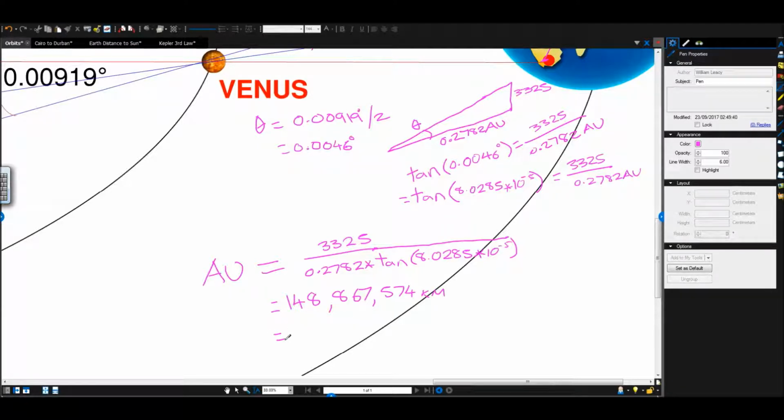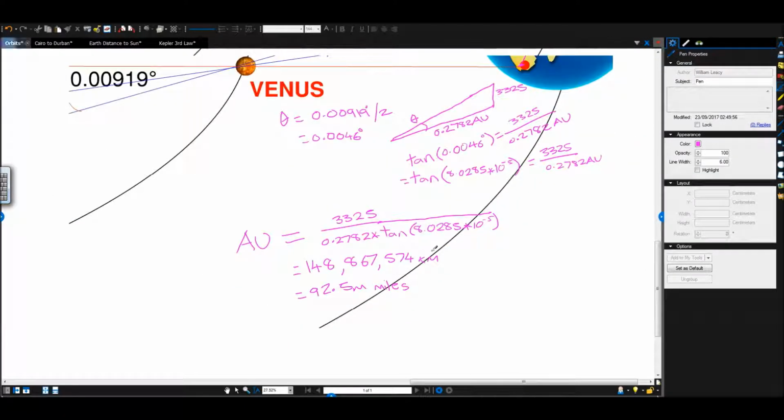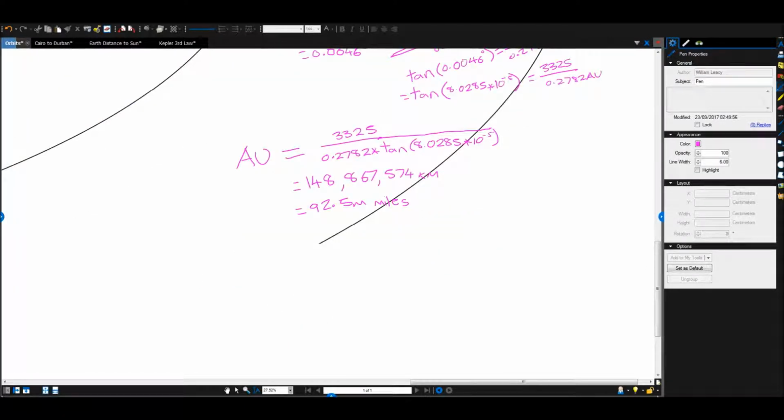So how many miles is that? Divided by 1.609344. So it's 92.5 million miles. So that's our answer, and that's actually pretty close.